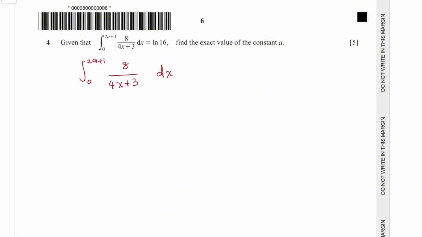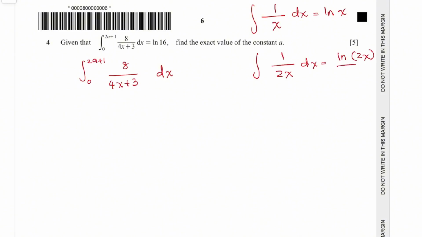Now, this is what I'm going to do. When I have x to the power of 1 written on the denominator, integration of this with respect to x would give me ln x. Okay, that's something that you need to remember. When I have integration of 1 over 2x with respect to x, then I would be having ln 2x divided by the derivative of 2x, which is 2.